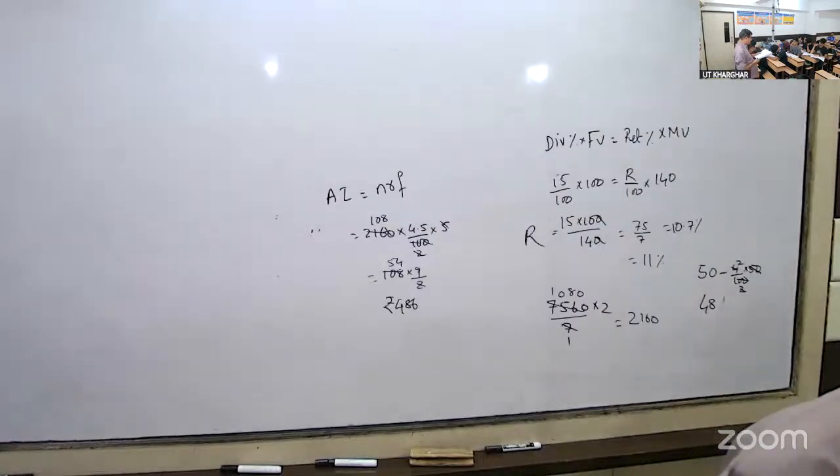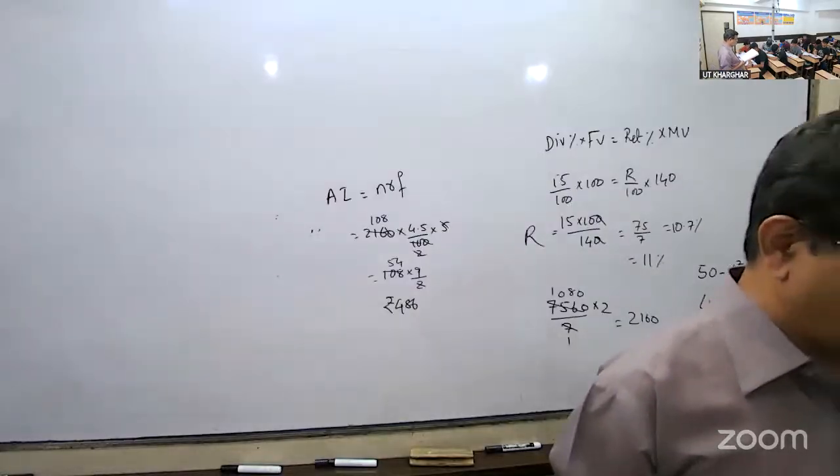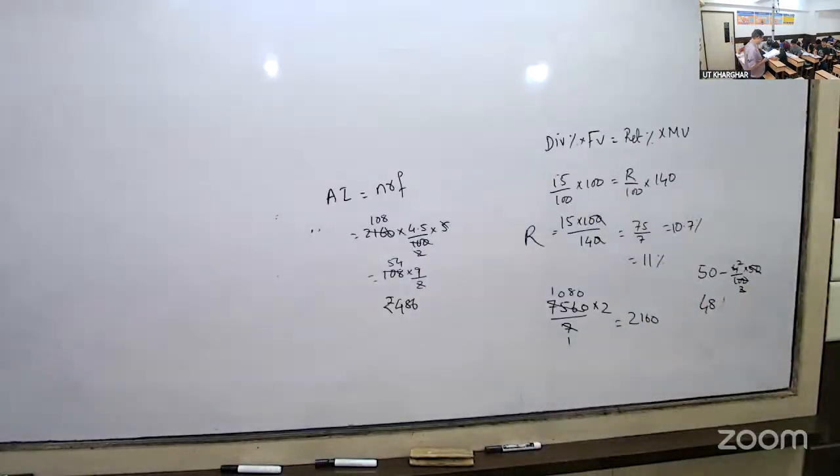So first write, brother A. Sum invested is equal to 16,000. Rate of dividend 3%. Face value is equal to 100 rupees. Market value 80 rupees.